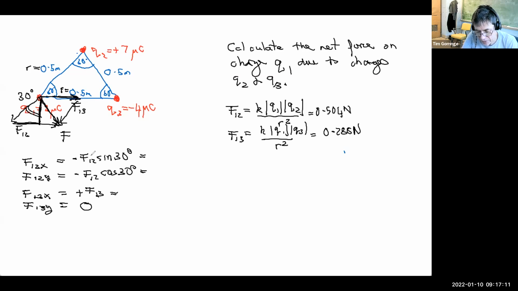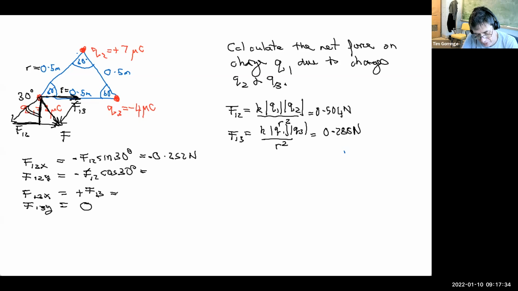F12, that was 0.5 newtons. We've got to multiply it by the sine of 30 degrees. I went ahead and did that. I've got 0.252 newtons, and a minus sign because it's in the negative x direction.